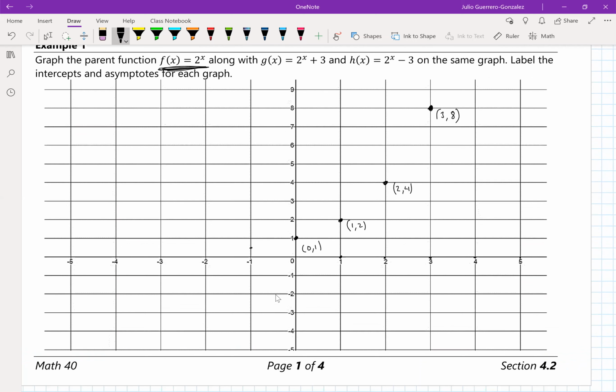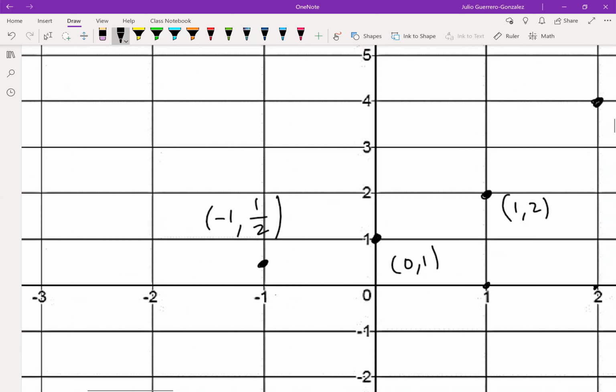So now, -1, because of the things that we were doing yesterday, this point right here will be, I'm running out of space here, I don't want to make it look too nasty, (-1, 1/2). Some of you might be asking, how is that 1/2?